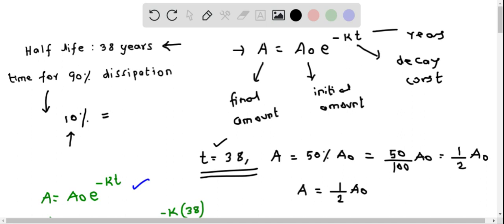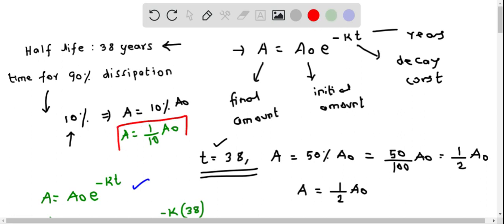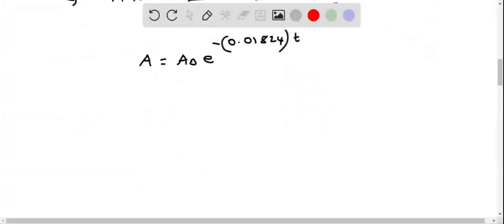Mathematically we can rewrite this as A equals 10% of A naught, or in other words, A equals 1/10 of A naught. So we will utilize this condition, plug it into the decay model and determine the time.